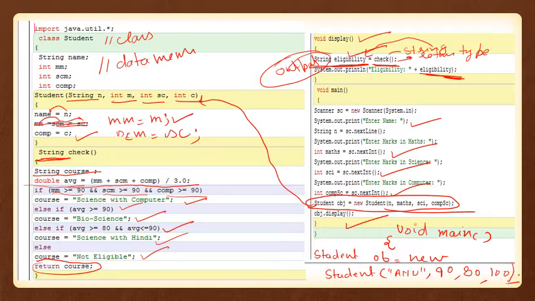You pass the arguments and call the function ob.display. Here your arguments are fixed, but when you want to enter from the user, you input the values from the user. So both are correct.